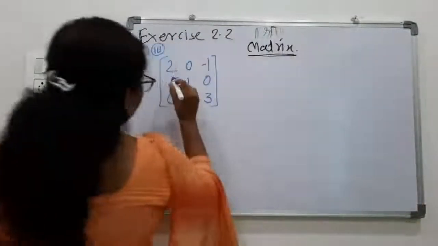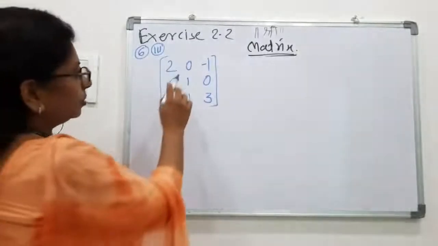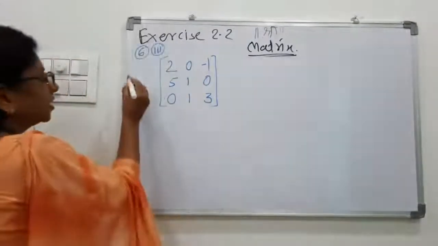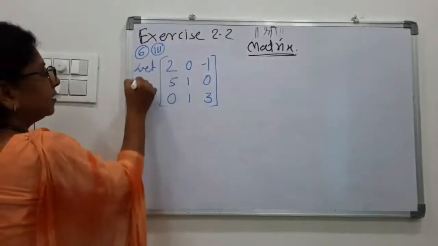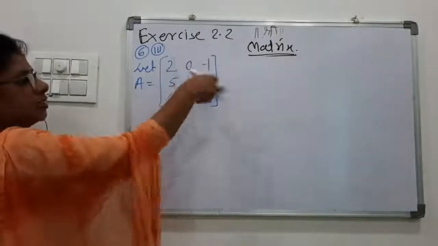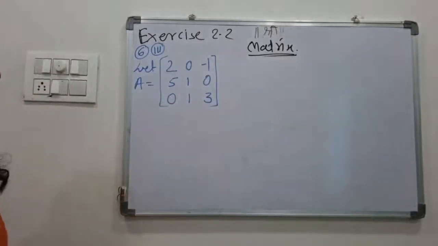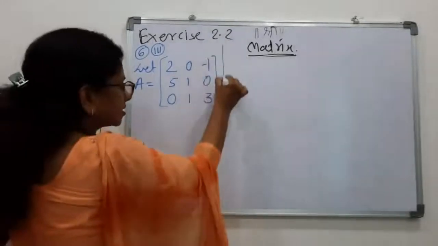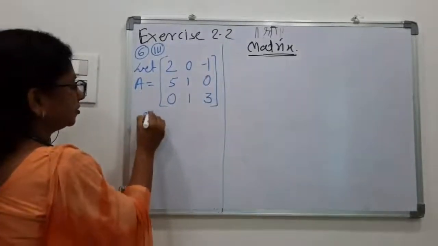So this is the matrix 2, 0, minus 1, 5, 1, 0, 0, 1, 3. So again we will denote this as A. So the very first task is to find the determinant of this.